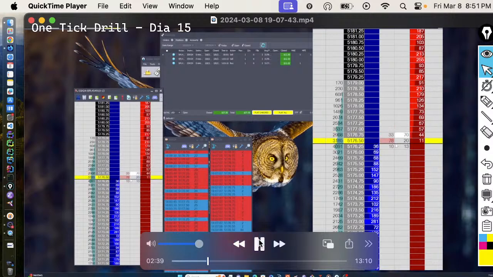Let's see. It's going up. I think you see my intention. My intent here is to basically enter here, 76, 75. Now I was reconsidering here.